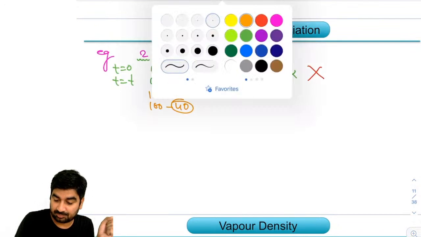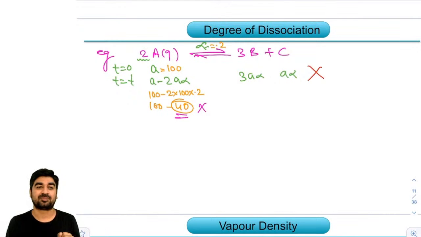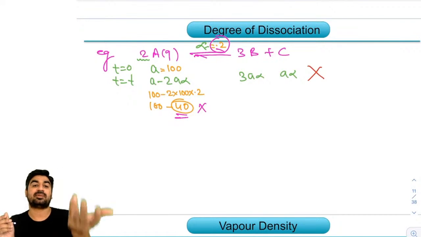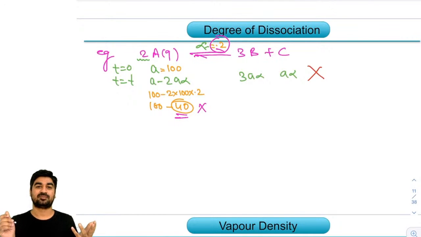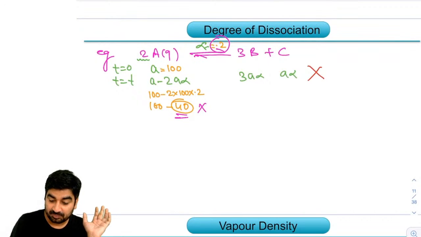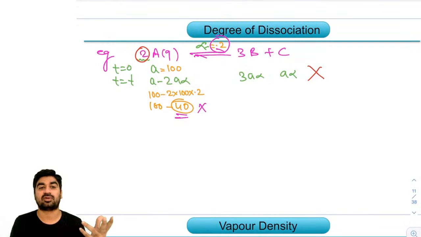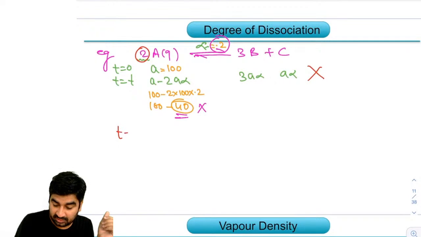So this is the point of error, guys. This should be 20 here because alpha is 0.2. So out of 100 mole, 20% of the mole should be dissociated. Many of you will commit this error, so avoid it. When this coefficient is 2, 3, 4 or anything else, how do you have to do it?